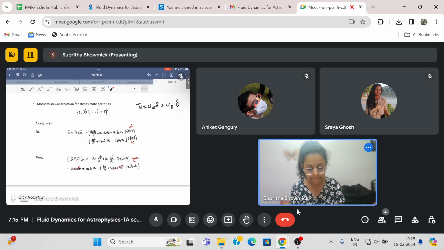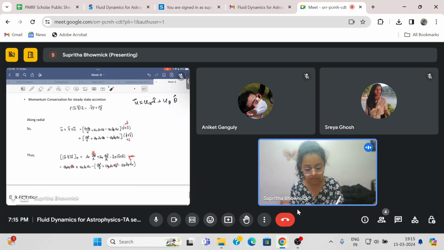Okay. So what does this give us? This just gives us u theta del r of u theta. This gives us ur del r of ur minus this entire thing, right? But we pick out the r component because we are looking at the radial component, which is this thing, and we write this over here.